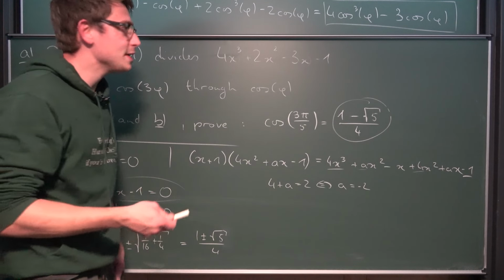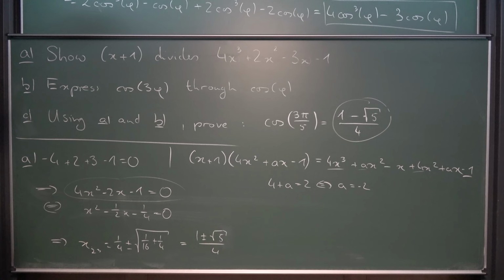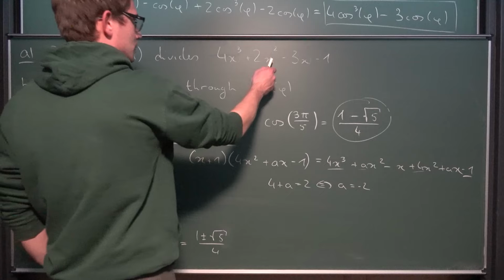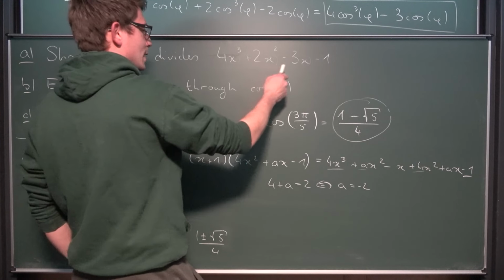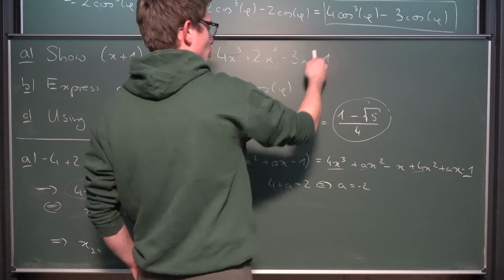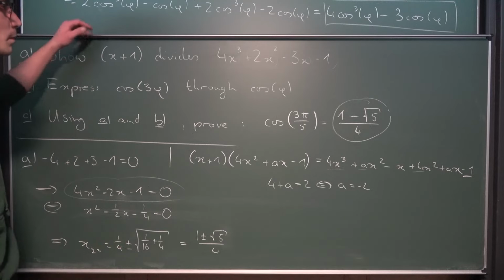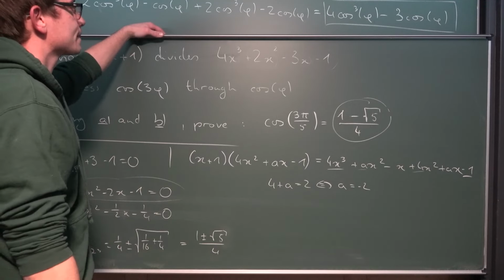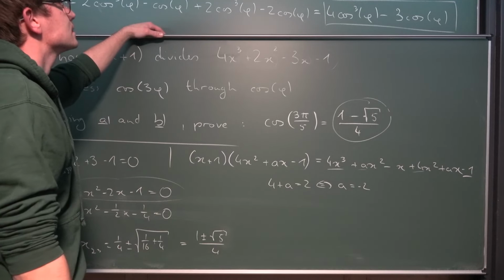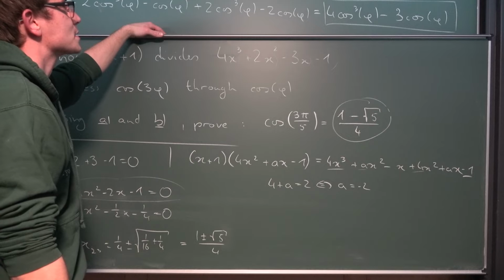So the only thing that's missing right now is 2 times cosine squared minus 1. That is the thing that is missing.